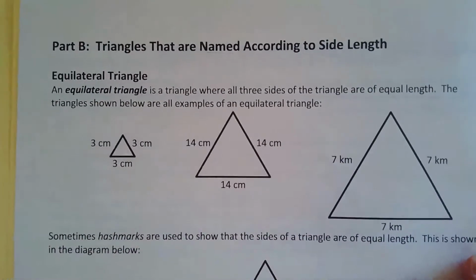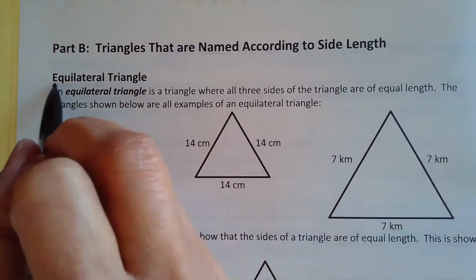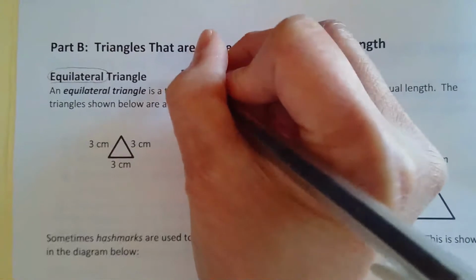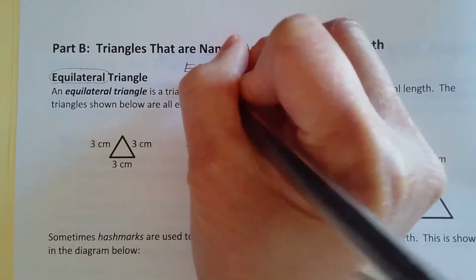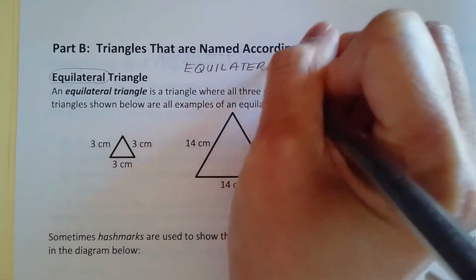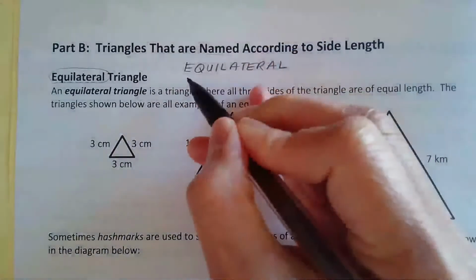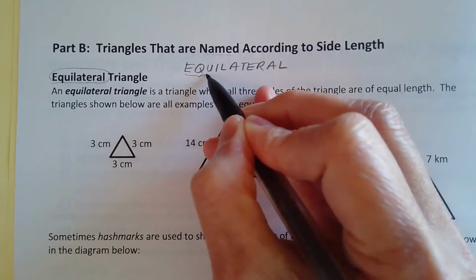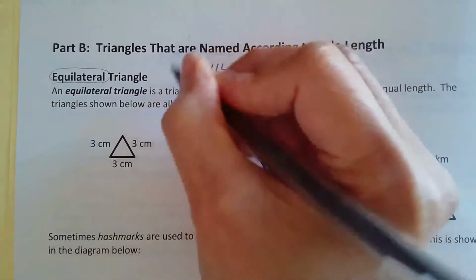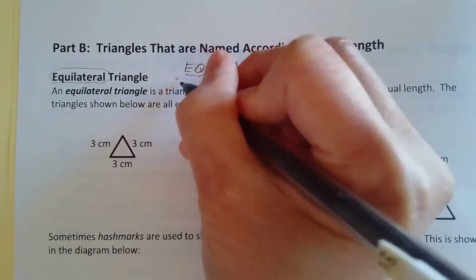Now, if I actually dissect the word equilateral, I'm going to write it down here. Equilateral. The equa is a short way of saying equal. So that means equal.